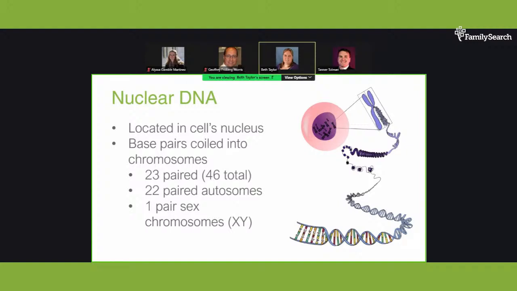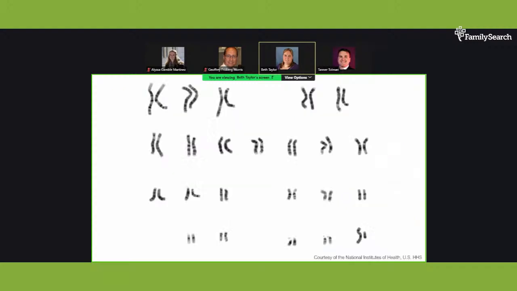So that's just the basics of what that DNA is, because we use these terms a lot as we talk about DNA for genealogy purposes. This is actually a picture from an electron microscope from the National Institute of Health here in the US that shows what the chromosomes look like up close. So again, it's all of that DNA smashed together or coiled together into packages called chromosomes.